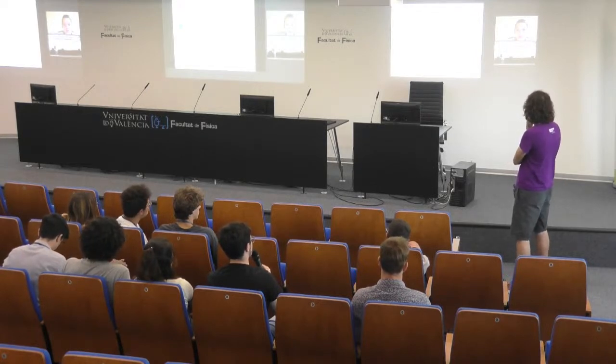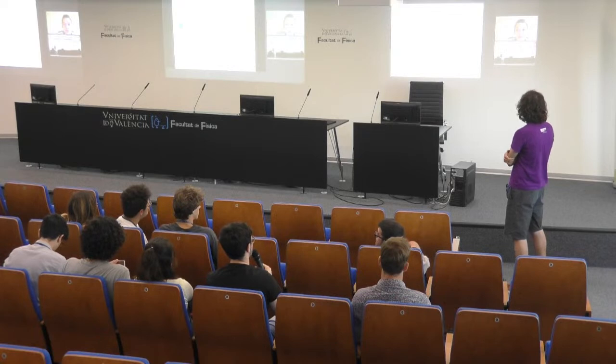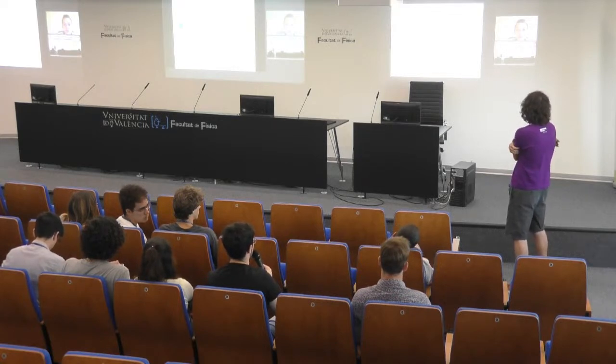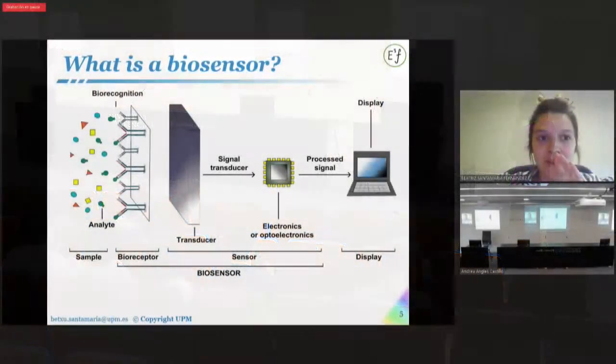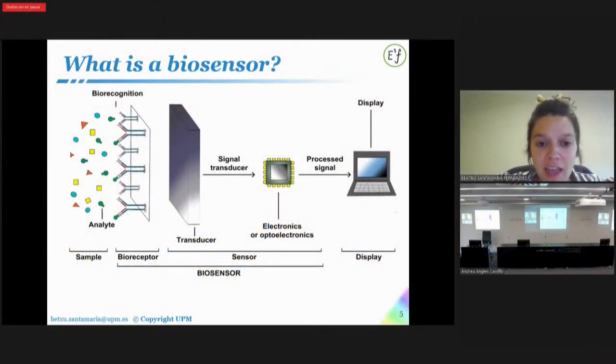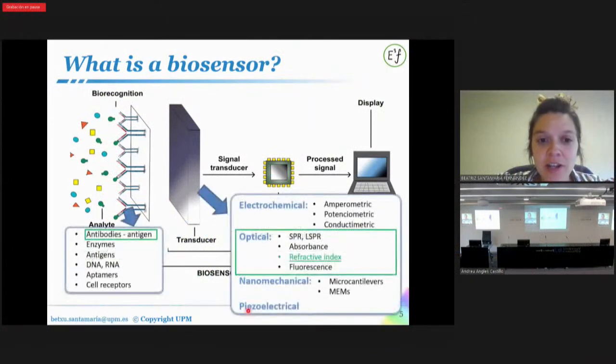Are there other types of translators to get the information from the receptors and the proteins to a signal transducer? You are talking about other techniques to translate the biological interaction into a measurable signal, right? Yes.